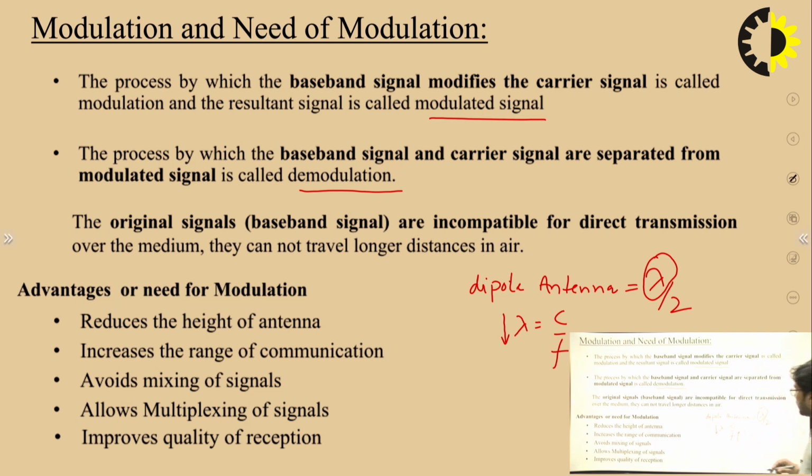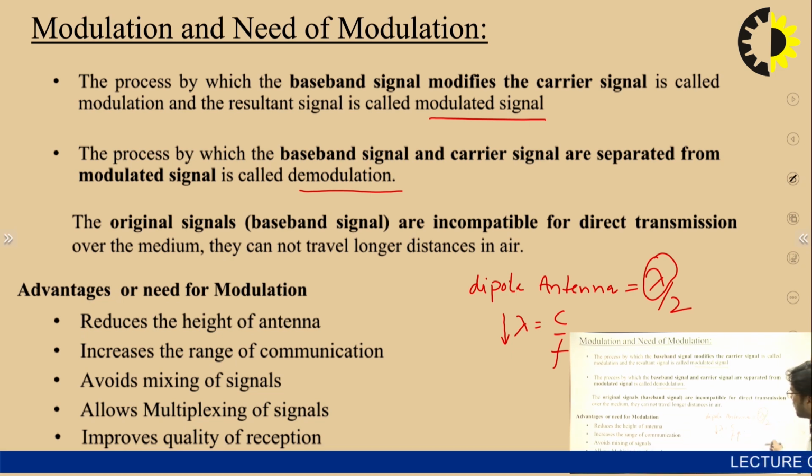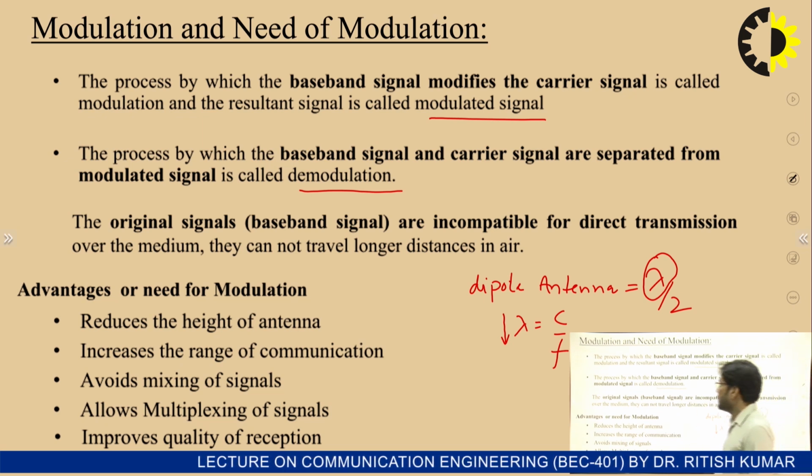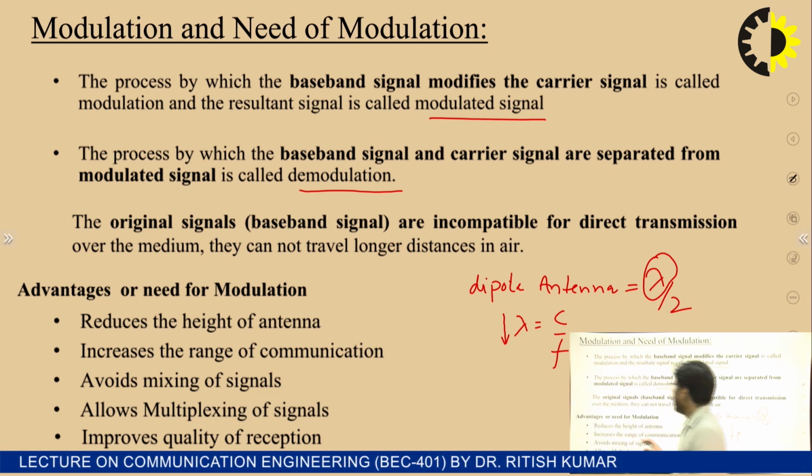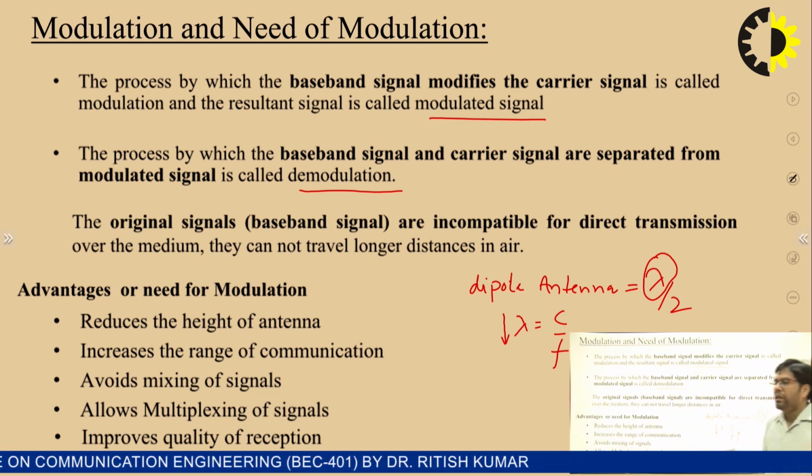So as we move towards a higher frequency, the components and component instruments such as a dipole antenna will decrease in size. This is one advantage, and the second advantage is the increase in the range of communication.